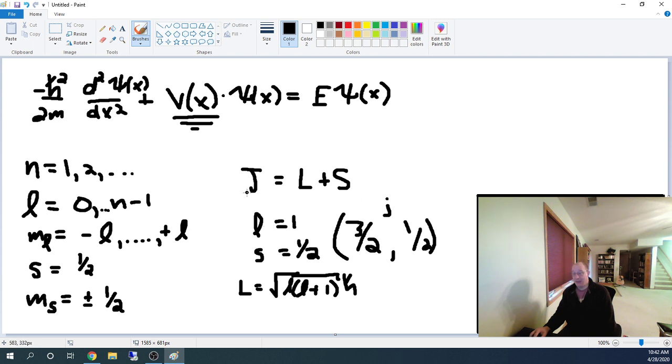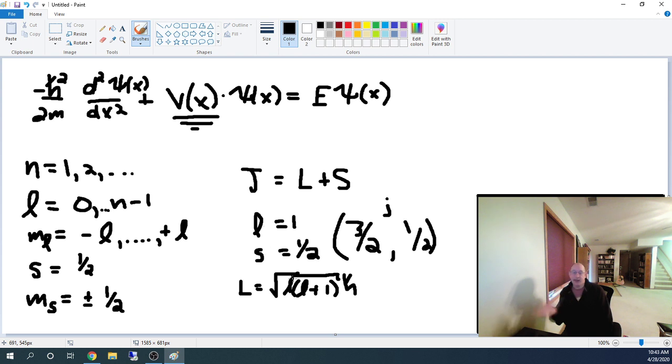That's not the values of capital J. Capital J would be the square root of j times j plus 1 times h bar. So please try to distinguish the actual total angular momentum from the total angular momentum quantum number j, because remember they go times the square root of l times l plus 1, or j times j plus 1, or s times s plus 1. That's something I want to make sure we're clear on.